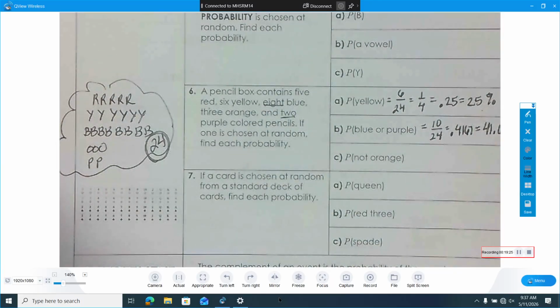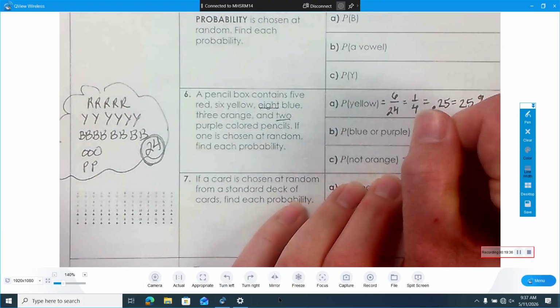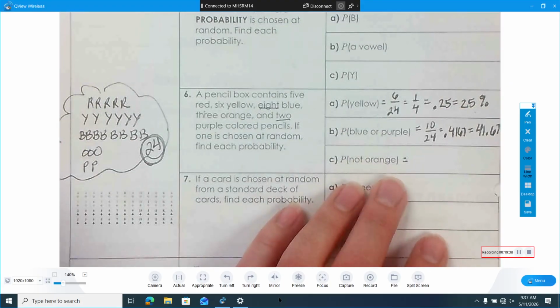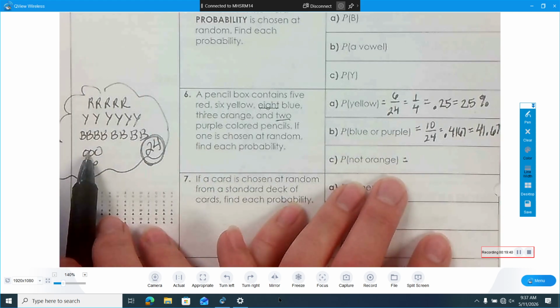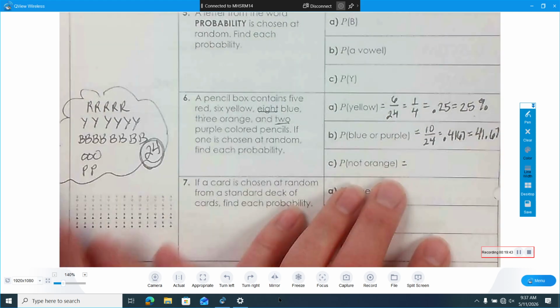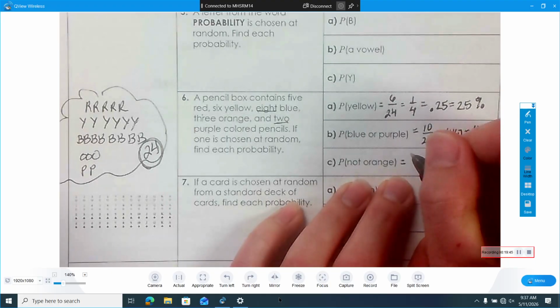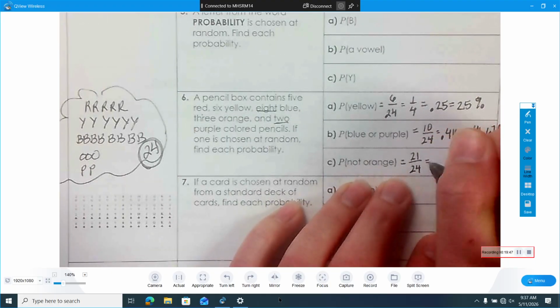All right, here's an interesting question. What's the probability that it's not orange? How'd you get 21 so fast? Yeah, 24 subtract the 3 oranges. That's everything else, so that would be 21 out of 24. Very good.